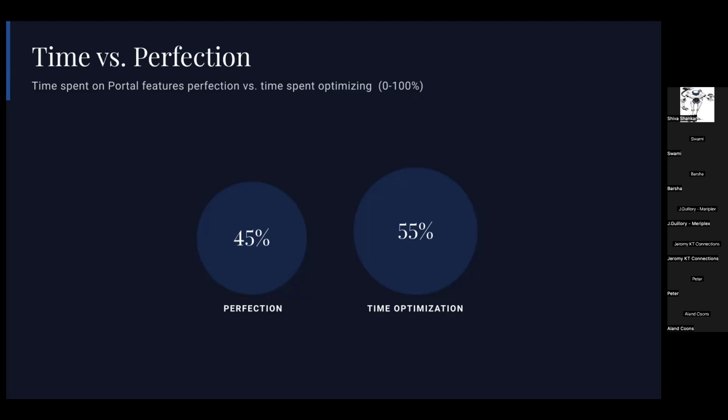Now, this is something that we will probably change going forward, where we will increase the focus on perfection in this area too, because I think we have all the features in there, and the velocity might not be required as much as getting the features working perfectly. So this is identified as an area of improvement for us, and we are going to take this and move it forward.